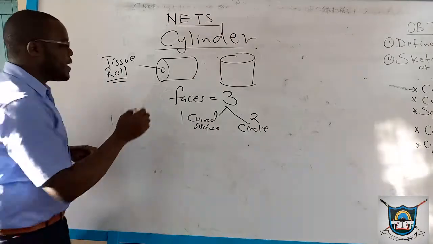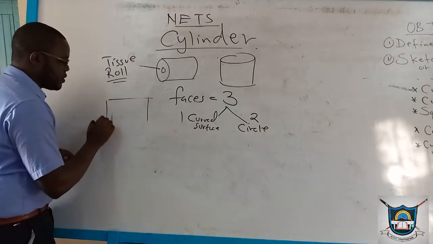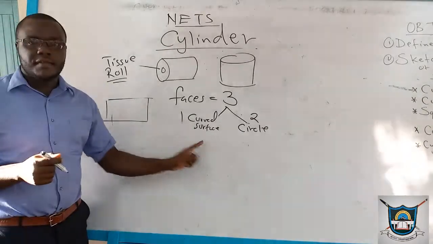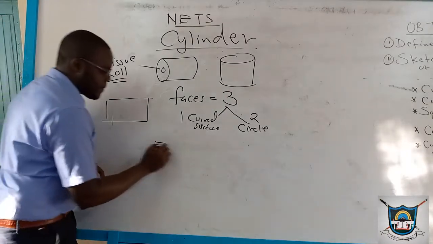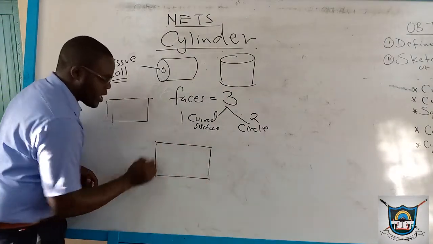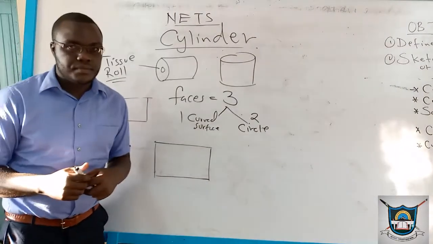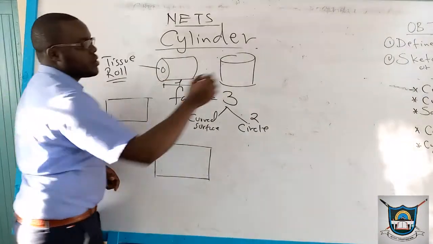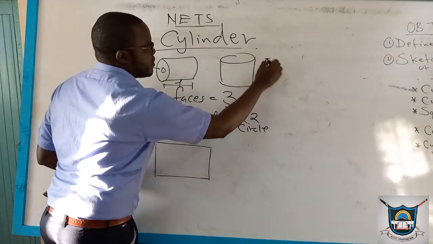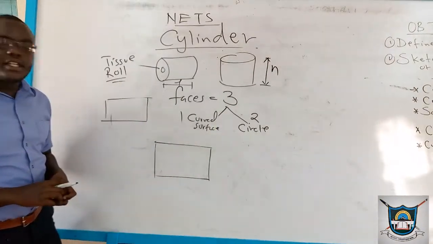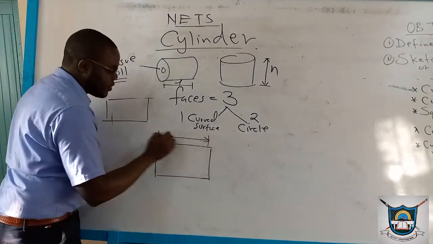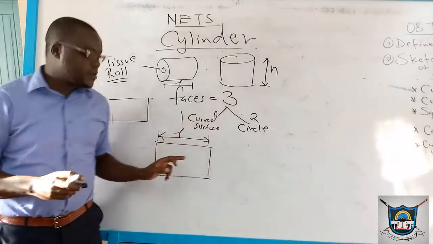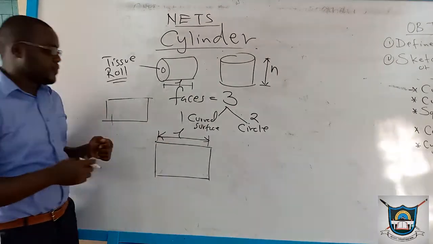However, when you open the cylinder, you end up with a rectangular shape because the curved surface of a cylinder happens to be a rectangle, where the length or the height corresponds with the length of our rectangle.